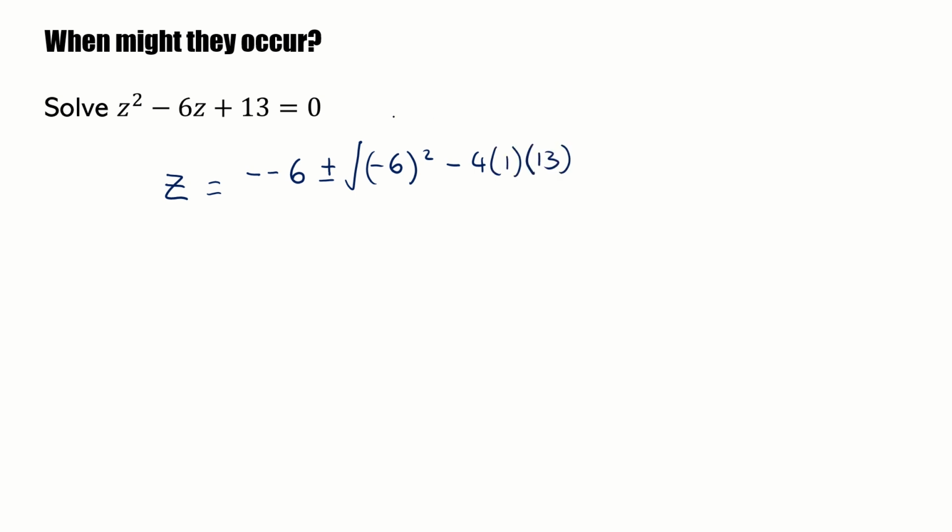And that's all being square rooted, of course. And on the bottom, we're going to be divided by 2 lots of a, which in this case is 2 lots of 1.